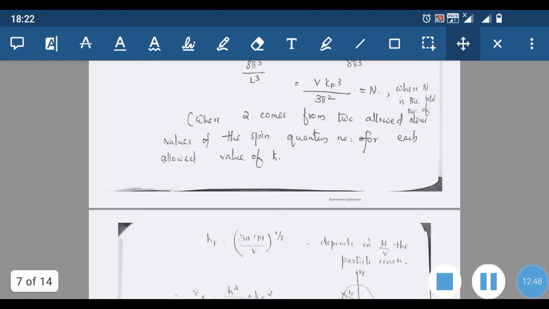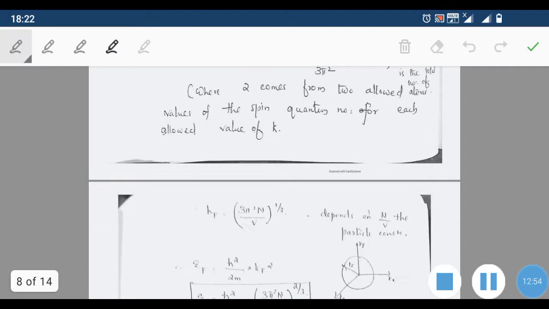So from this equation kf will be equal to (3π² n divided by V) the whole raised to 1/3. That is, kf depends on n by V, where n by V is the particle concentration, and kf is the Fermi wave vector.